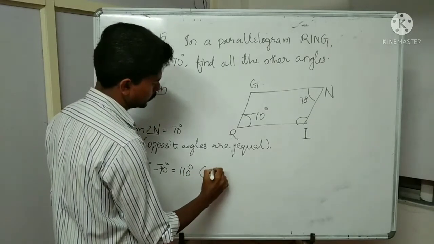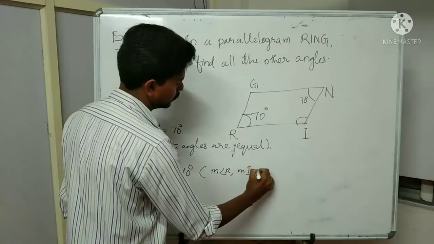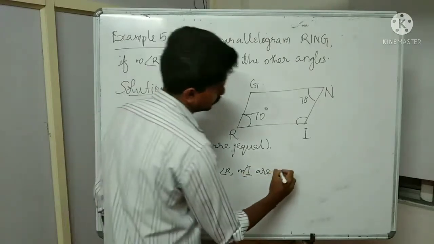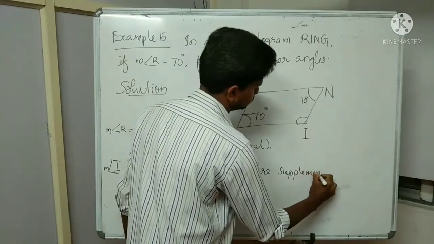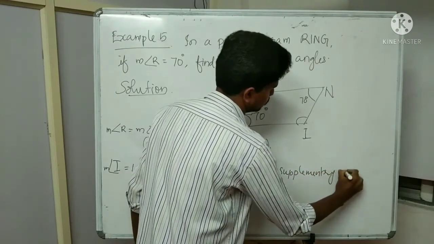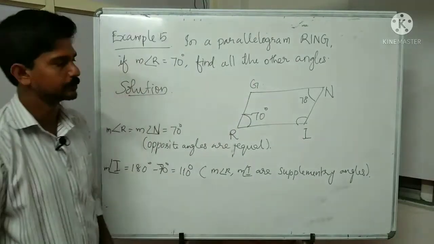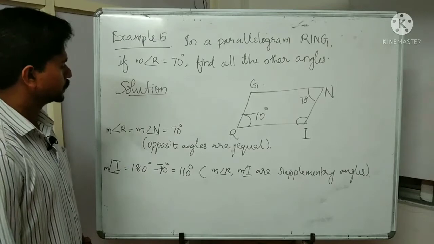So we can say that measure of angle R and measure of angle I are supplementary angles. So by this way we found all the angles now.